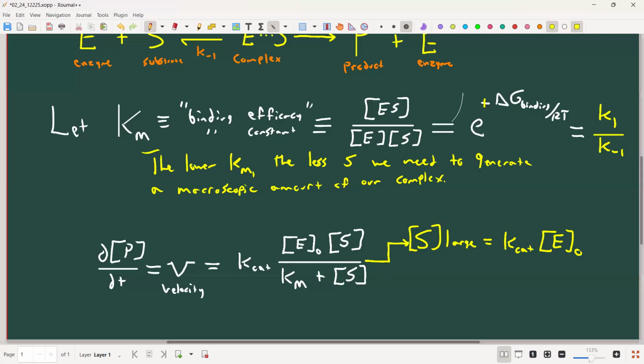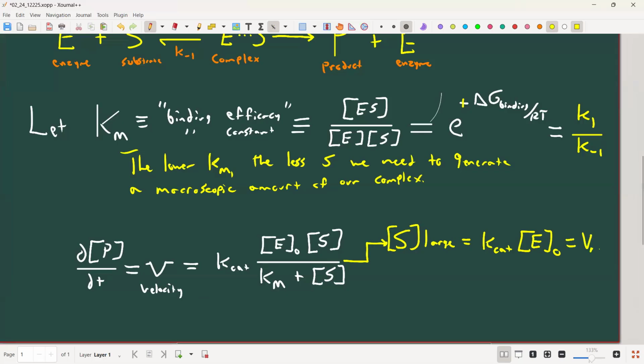This is the rate when you have all your enzymes ready to go. We call this Vmax. So technically there is some limit to the rate of enzyme catalysis, and that's the rate at which all the enzymes are occupied doing the same job, with no one waiting, and they're just pumping through as fast as possible.